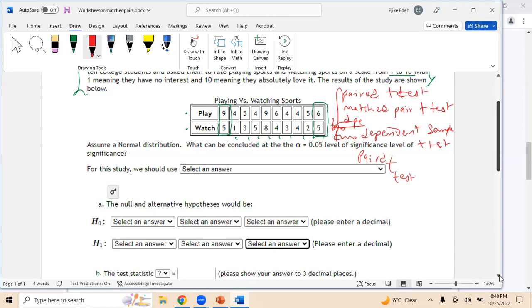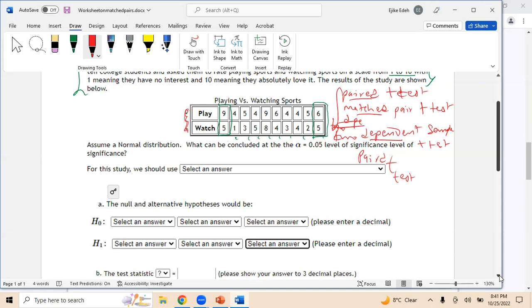But the word dependent, matched, or paired is giving you a sense that these pairs of data are dependent on each other, because the same person rated play and watch, so they have a dependency, they are paired, they are matched, and one is dependent on the other. Like the same person, the chances that that person rates both high would be low, but you see cases like that here, right?